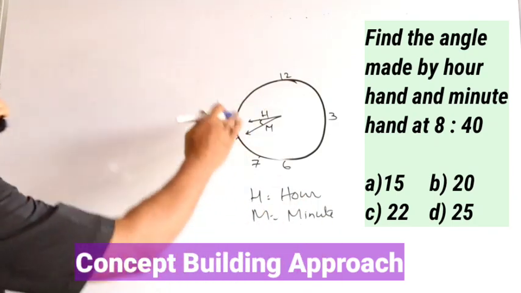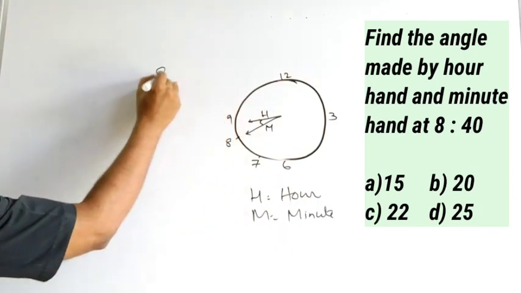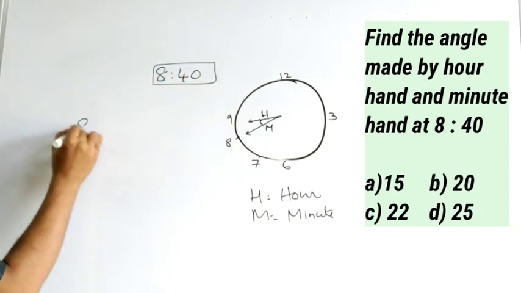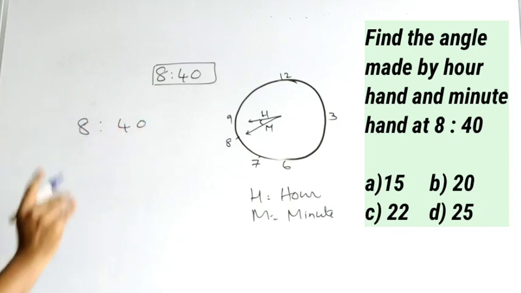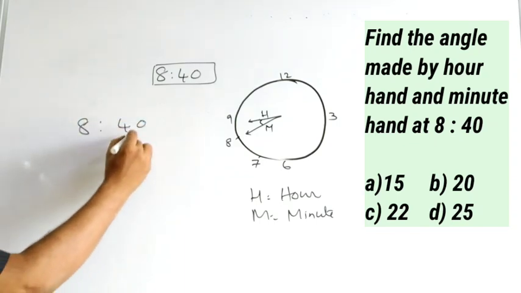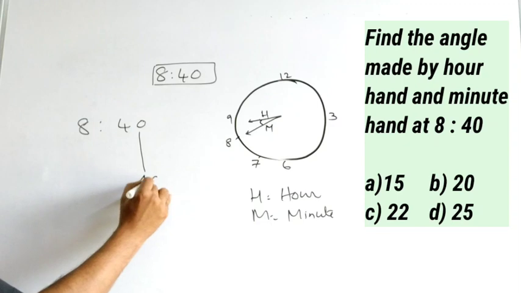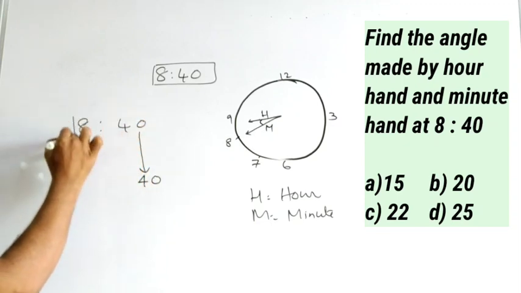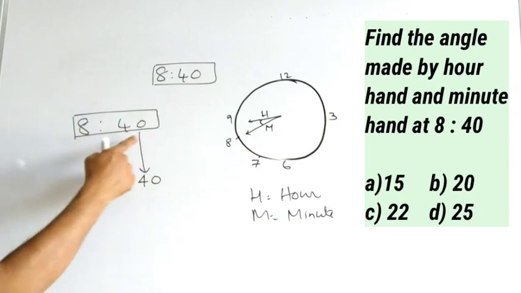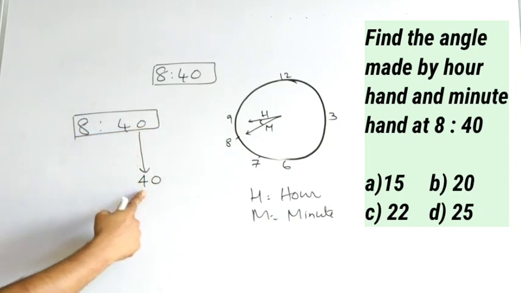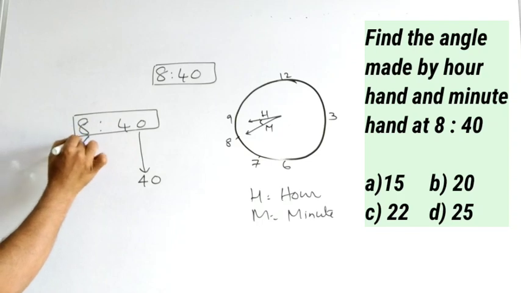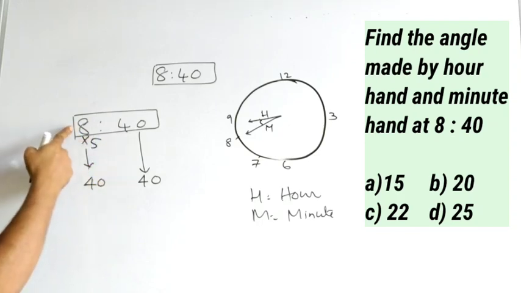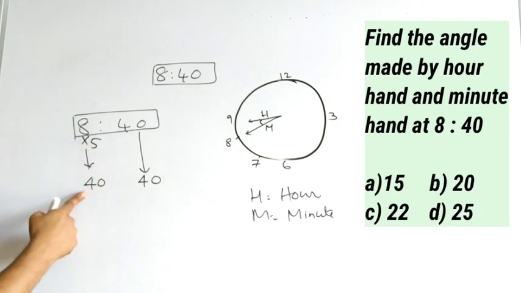The time given is 8:40. So let me write that 8:40 here. Now what is the step? Understand very clearly. The 40 you have to write as it is, the minute 40. Then 8 multiplied by 5, you write 40.